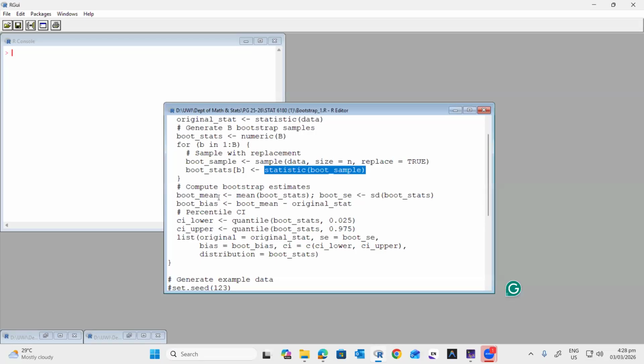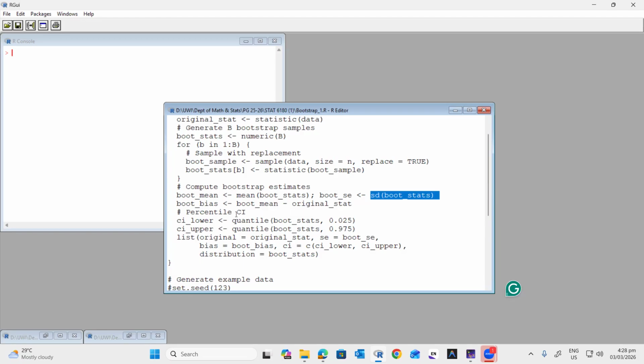So boot mean is the mean of the bootstrap statistics, whatever statistic I'm going to calculate. Boot standard error I calculate here through the command sd, and then the boot bias. The formula of bias, we already know, is the expected value of theta cap minus theta. So it is boot mean minus original statistic.